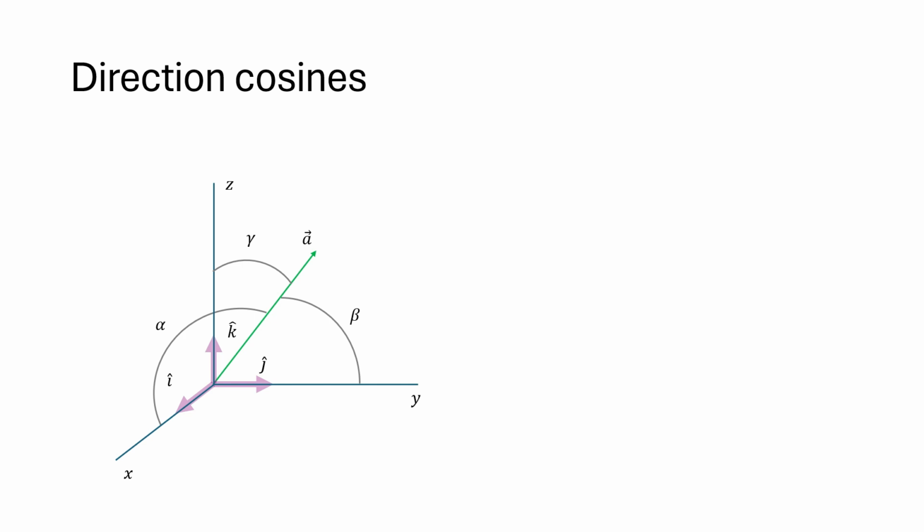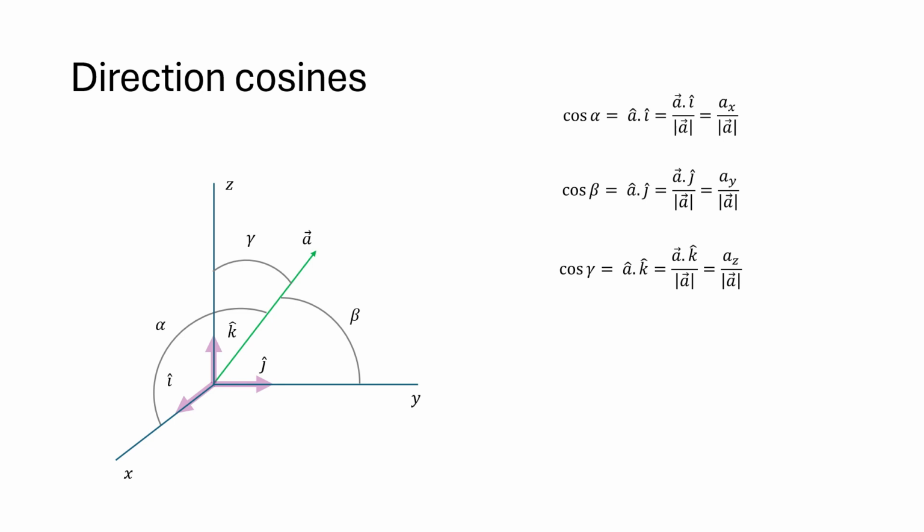And from there, we can extract cosine of alpha as the dot product between the unit vector of A and the i unit vector, which is also equal to the dot product between the vector A and the i unit vector divided by the magnitude of vector A, and which can also be written as the component of vector A in the x direction divided by the magnitude of vector A. Similarly, we can obtain the relation for cosine beta and cosine gamma terms.